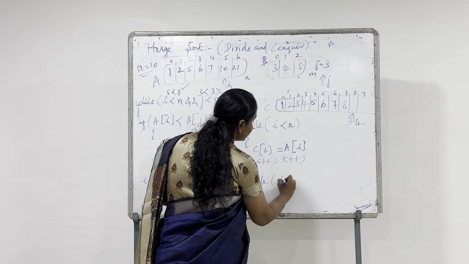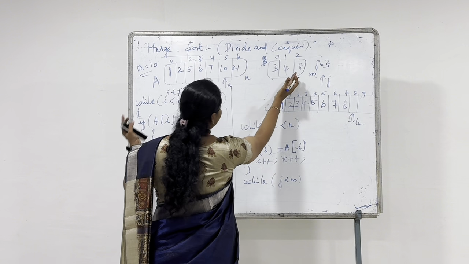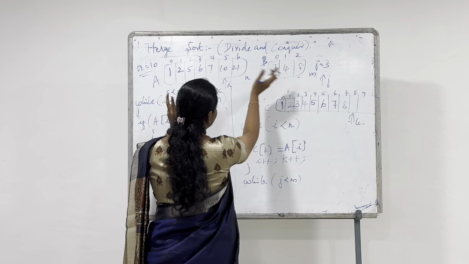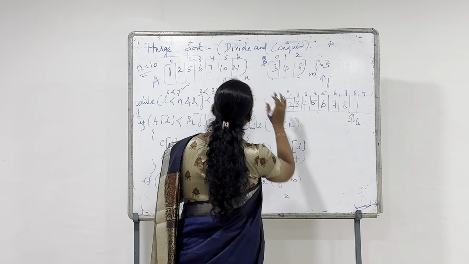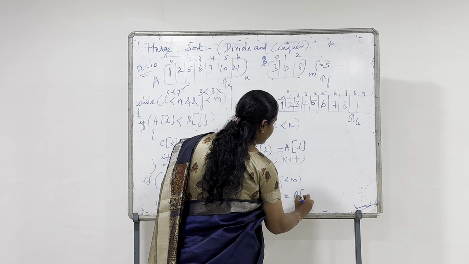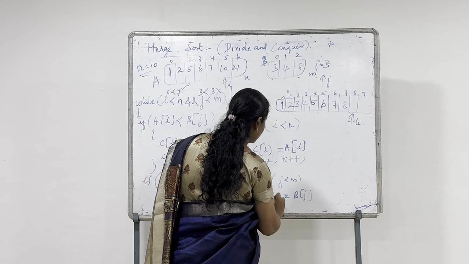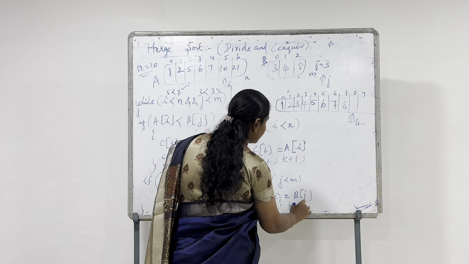While J is less than M, for example, if this is the vice versa case, then we need to move all the elements of B array to C array, B of J to C of K, J plus plus and then K plus plus.